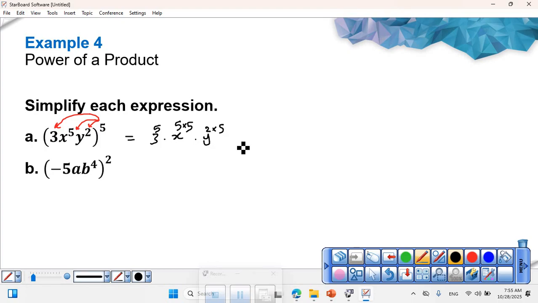The final answer is 3 to the power 5 times x to the power 25, because 5 times 5 equals 25, times y to the power 10. Why 10? Because 2 times 5 equals 10. The final answer is 3 times 3 times 3, 5 times.